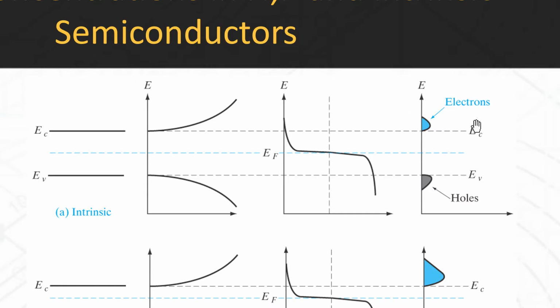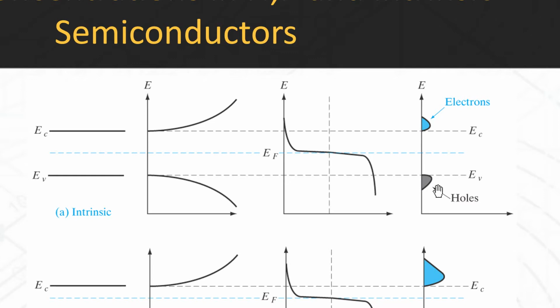You get a small region just above Ec where there are electrons. Way up here, there are a lot of states, but the probability that those states are filled is very low, so they are very likely to be empty. Below the conduction band, there's a very high probability of finding an electron, but there are no states. So this little blue zone is like the Goldilocks zone: just above Ec is where you'll find most of the electrons.